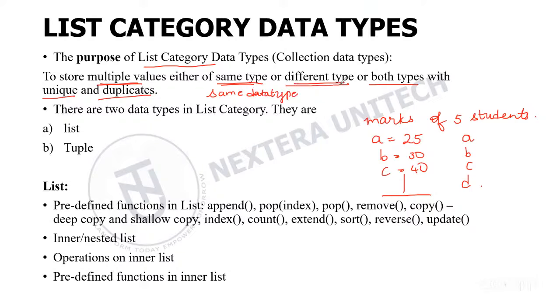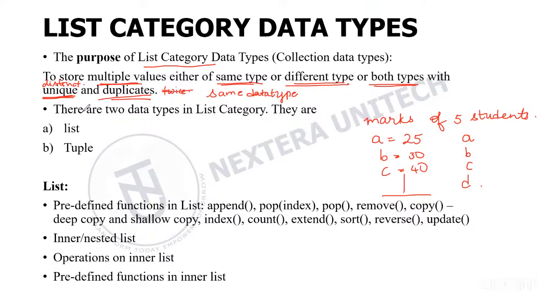You can store a combination of both, like same type values and different type values. It can also store unique values, like distinct values, and also values which are duplicates. Duplicates are nothing but the same number occurring twice or thrice or more times.